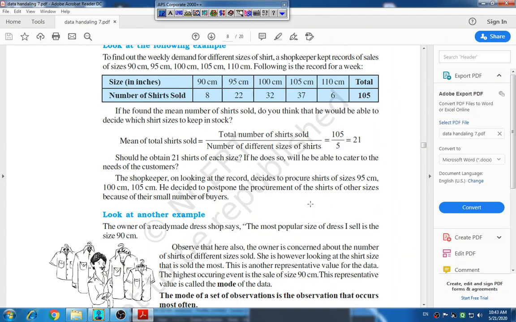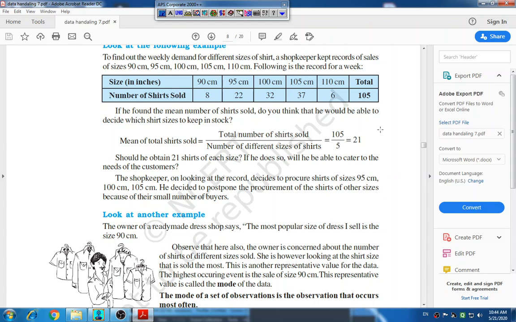Look here, because these sizes 95 cm, 100 cm and 105 cm show values nearest to the mean, 21. These are 22, 32, 37, which are near 21. So the shopkeeper decides to procure shirts of sizes 95 cm, 100 cm, and 105 cm. Okay, now look at another example.